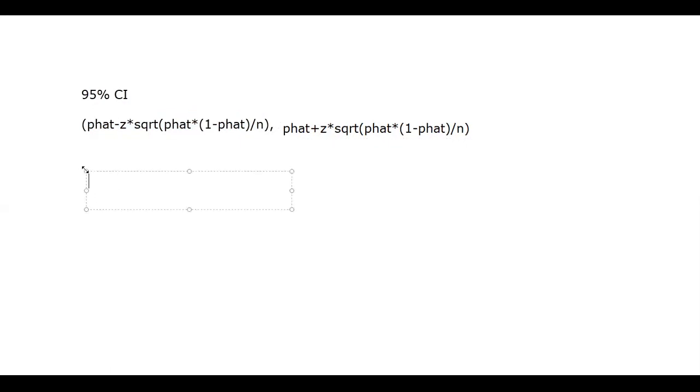And if you read that article or just looked at that one picture that I showed you, our p hat value there was 0.52, and our n value, if you read that article, is 600. So we had 0.52 minus the z critical value that comes from the z table, which is 1.96, times the square root of 0.52, and 1 minus 0.52 is 0.48, divided by the sample size of 600.